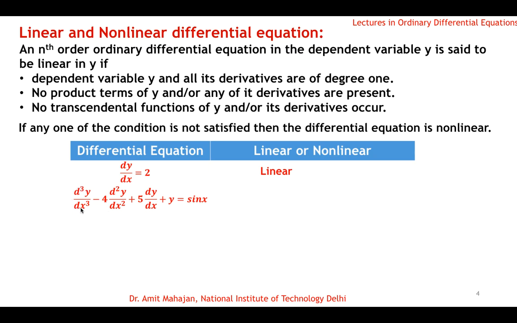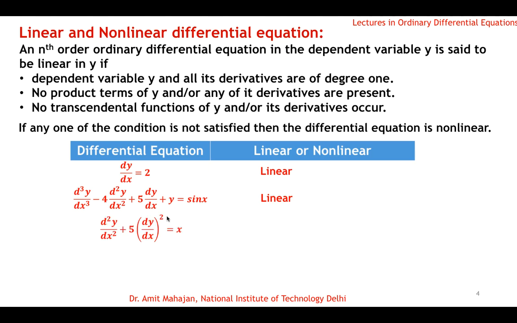The first term is this, here y occurs only one time. The second term is this, y occurs only one time. The third term is this, y occurs only one time, dy by dx. The fourth is this, y is again one time, no power, not multiplied with the dependent variable, and the right hand side is definitely not a function of the dependent variable. So this whole differential equation, which is third order first degree, is a linear differential equation.